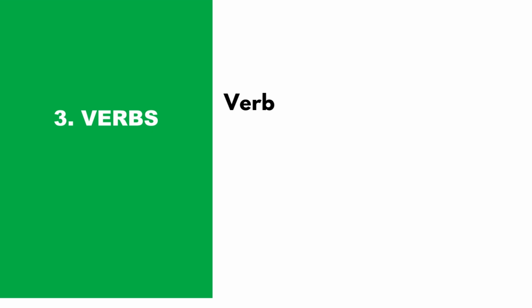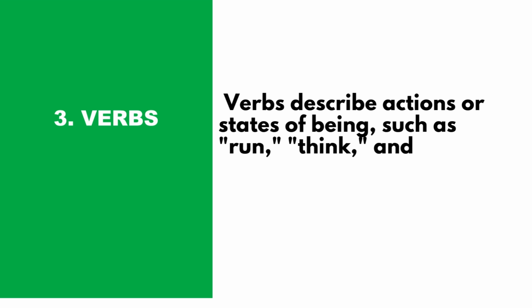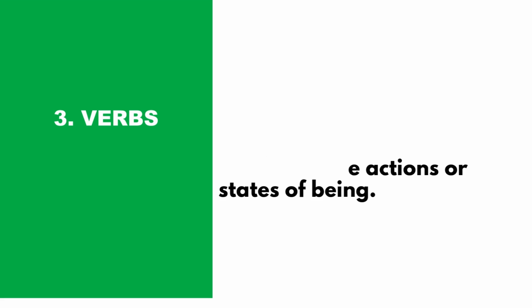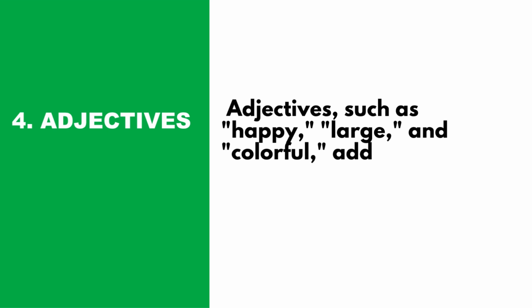Verbs describe actions or states. That's what verbs do. Examples of verbs are run, think, and exist. They describe actions or states of being. Adjectives such as happy, large, and colorful add detail to nouns.